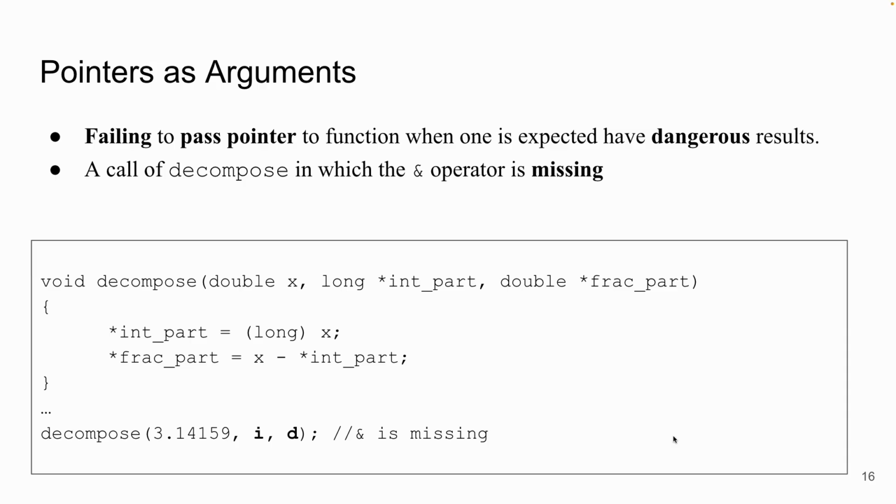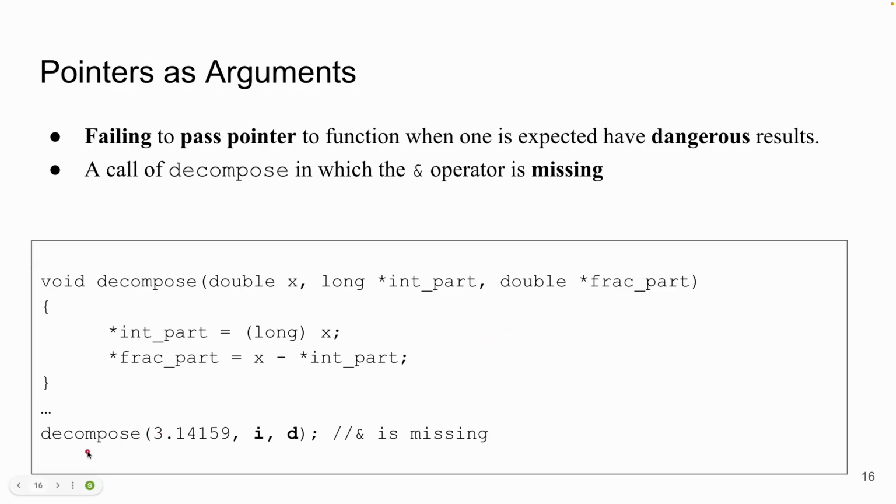Another error that a lot of people make is that when a function requires us to pass a pointer, there are a lot of times we forget to do that. For example, in this case, this decompose function requires us to pass pointer variables for the last two arguments, right?